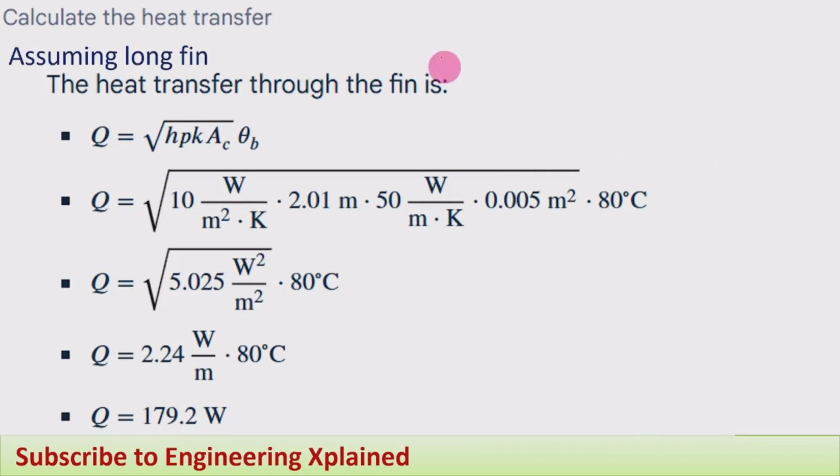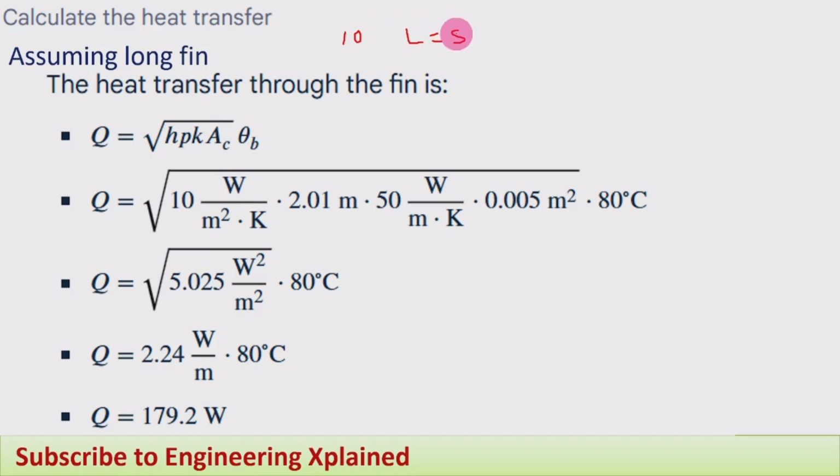Further moving, first we'll calculate the heat transfer. In this numerical, it is not mentioned whether it is a long pin, an end insulated pin, or convection from the tip of the pin. Here one thing we have to note is that its thickness is given as 5 mm and its length L is given as 50 mm.